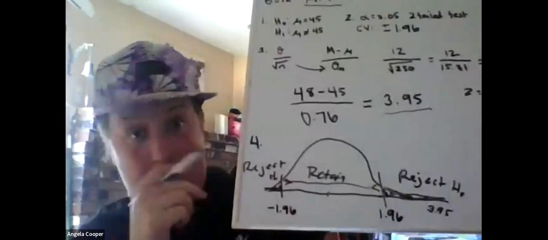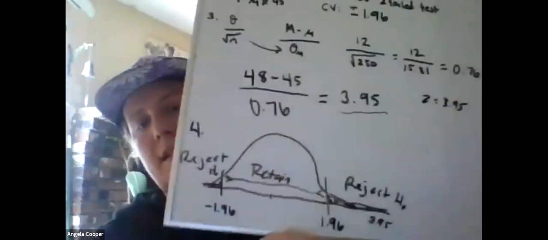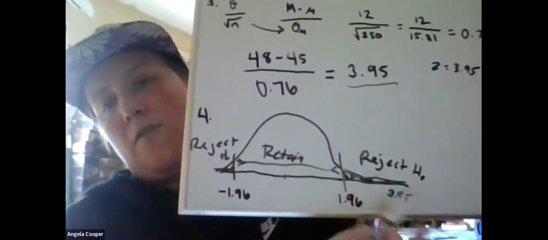If it's anywhere in this unshaded region, we would retain it. We're not retaining the null because our 3.95 falls way past that shaded region. So our decision would be to reject the null hypothesis.